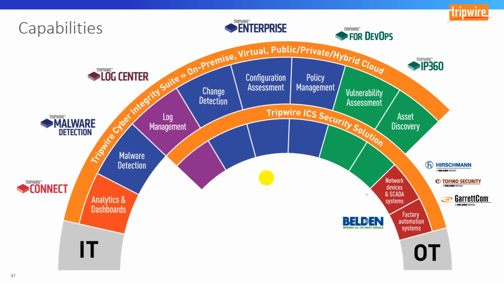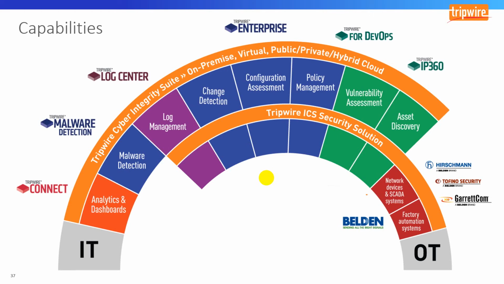Tripwire is an American company, and it's also acquired by a company called Belden. Belden is a very huge company, and it already has different levels of products. And Tripwire is not only focused on IT, but on IT and OT.